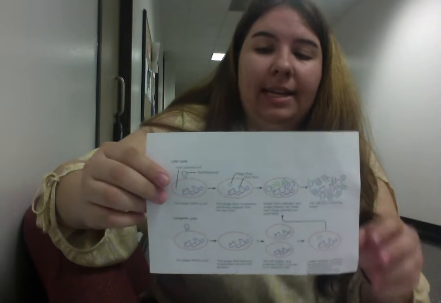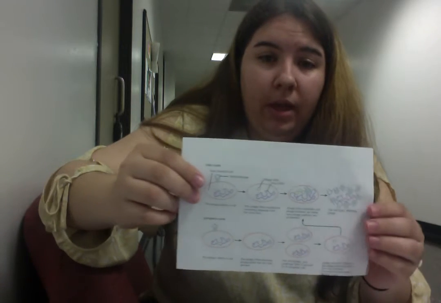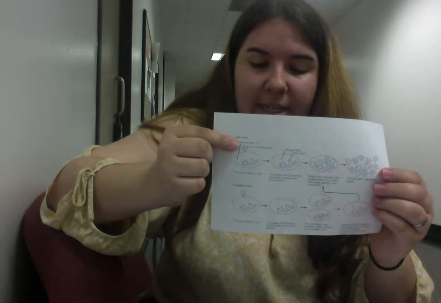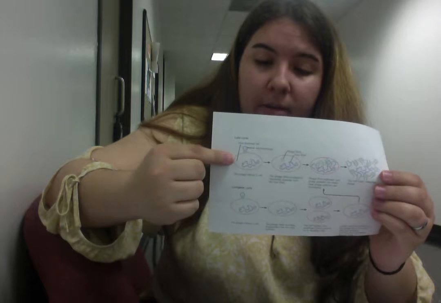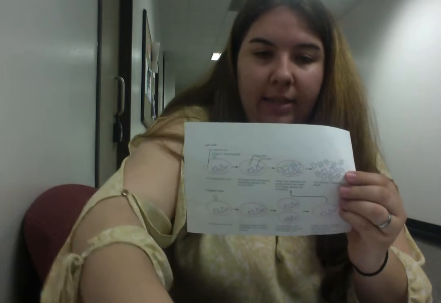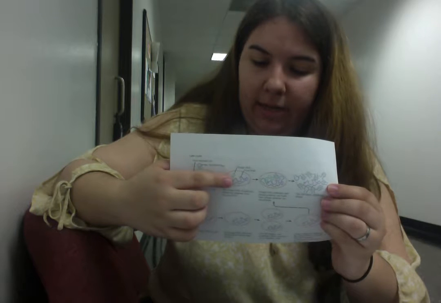Now, viruses replicate a little bit differently. They have a lytic cycle and a lysogenic cycle. So for the lytic cycle, you have, for our purposes, the bacteriophage attaching to the host cell and entering it. In the next phase of this, you have both the phage DNA and the cell DNA next to one another.